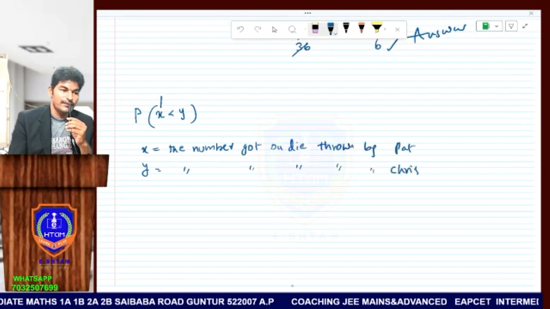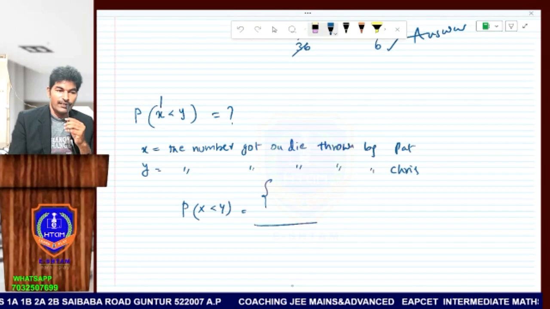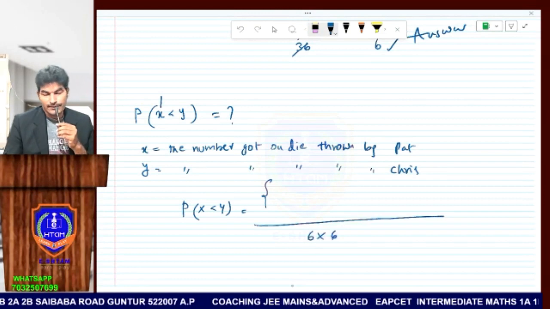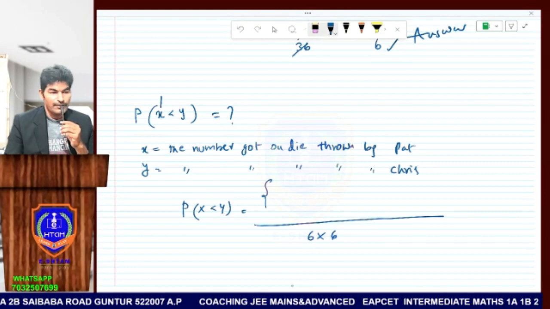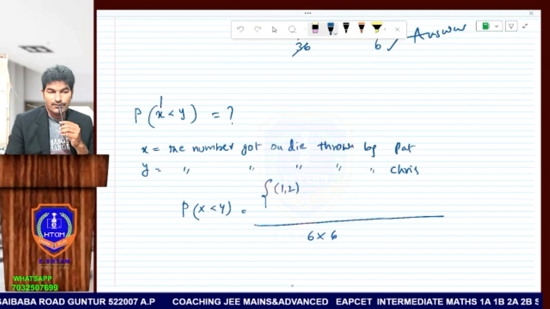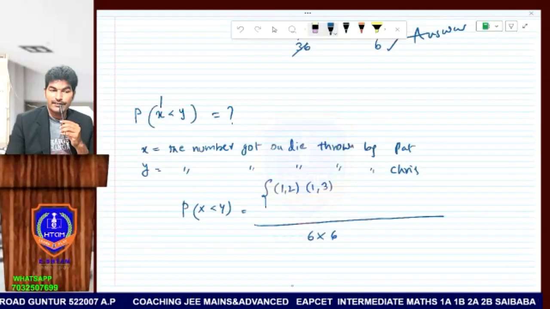So we will calculate the probability P(x < y). Tell me the events, how many of them are there. The denominator will always be 6 into 6. So (1,2). Next (1,3), you can write, right? 1 is the lesser value, 3 is the greater value.